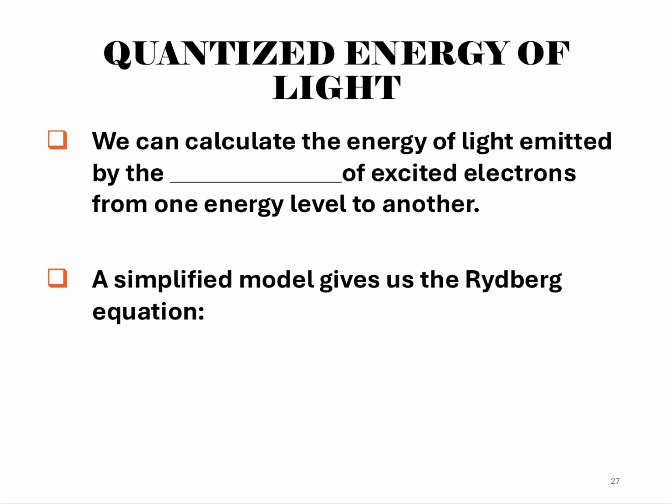And so we can calculate the energy of light emitted or absorbed within atoms from Bohr's simple model by looking at the excitation or the energy of excited electrons moving from one level to another.